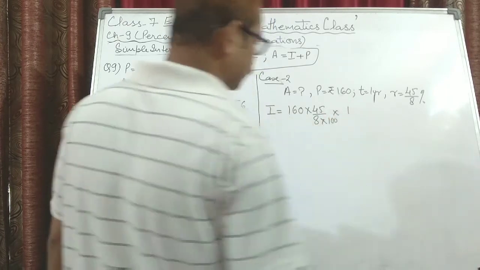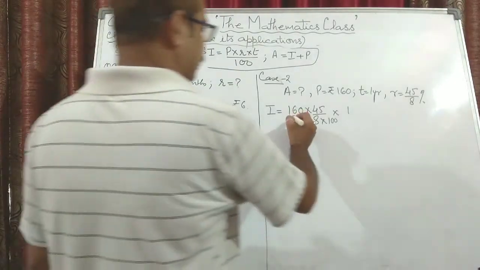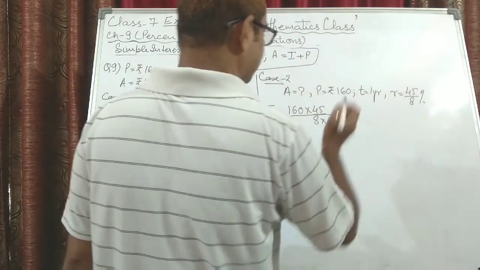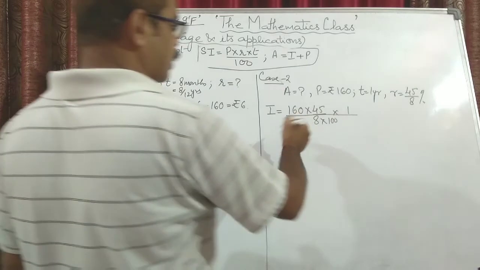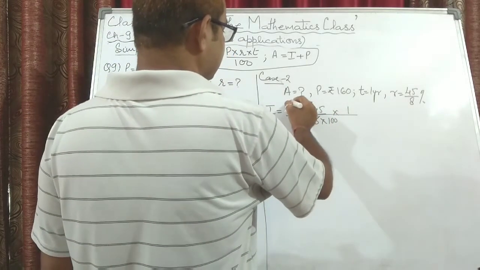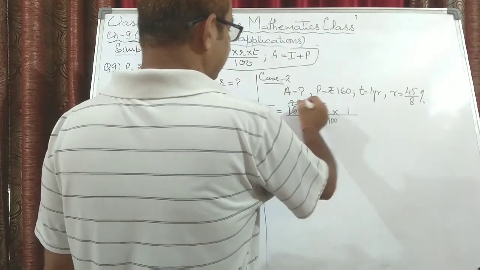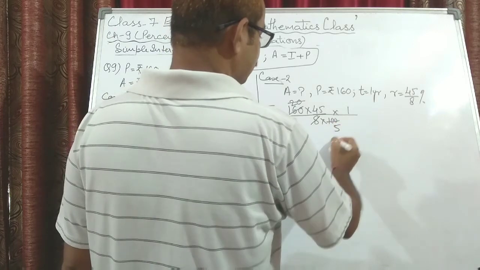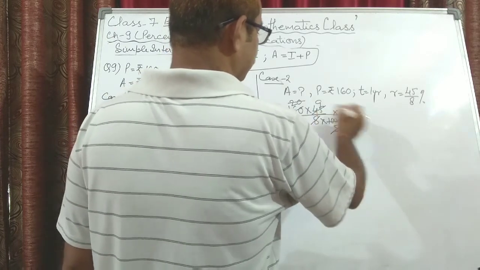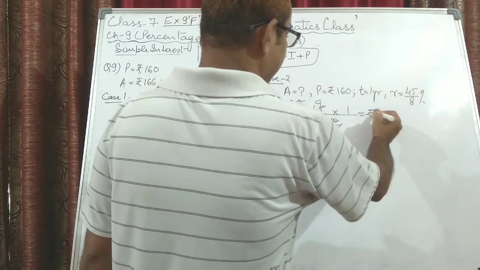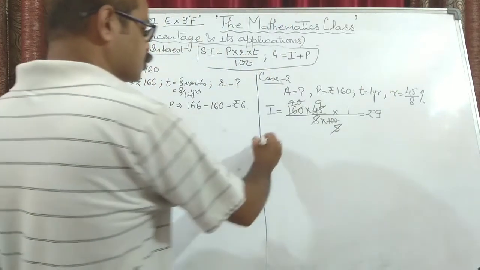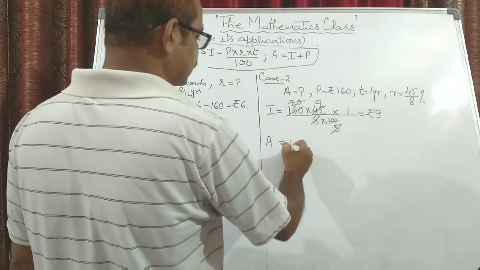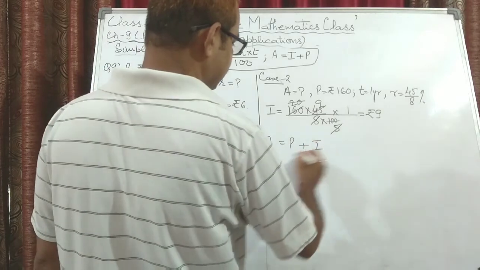Time is always in years, so it will be 1, or you can write it upon 8 into 100, either way. Now 8 2s are 16, so 20, 20 5s are 100, so 5, 5 9s are 45. It means interest is 9 rupees. So amount, we know, is principal plus interest.